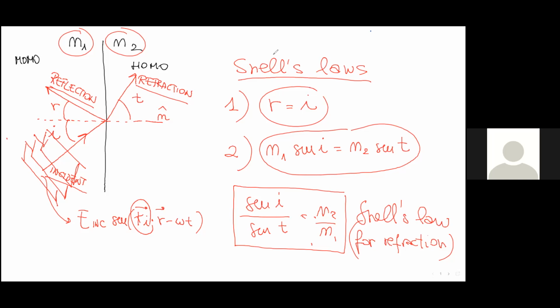We take it as given. So we have sine i divided by sine t equal to n2 divided by n1.